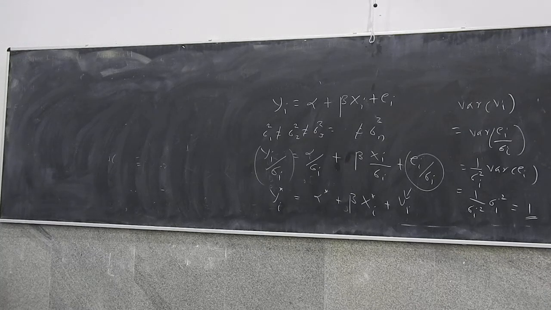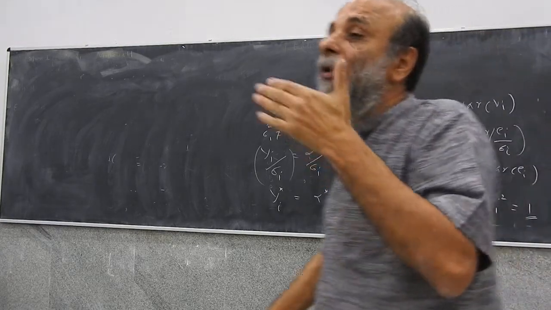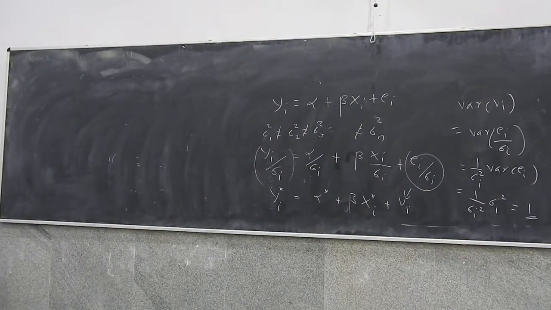So to make an estimate consistent, it is important that the number of observations increase while the number of parameters estimated remains the same, or at least does not increase as fast as the number of observations. Is this clear?